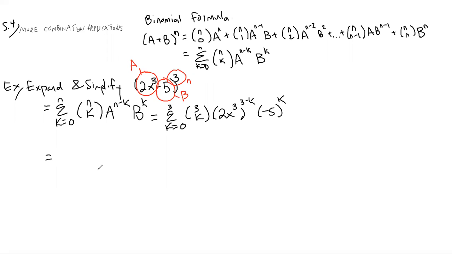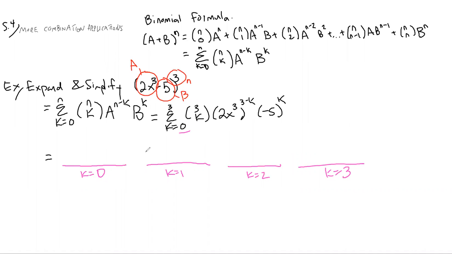So I'm going to write that out. k equals 0, no, it starts at 0. Then k equals 1, k equals 2, and then k equals 3. So we just plug them in exactly where those k's are.